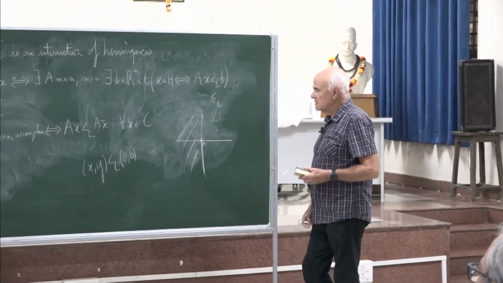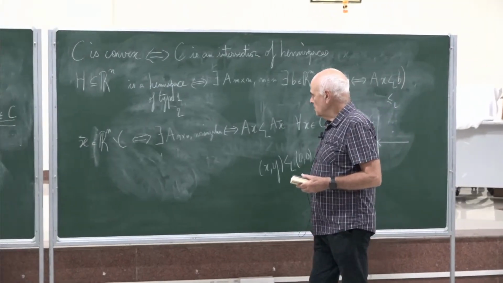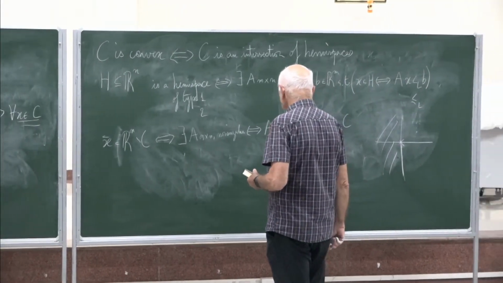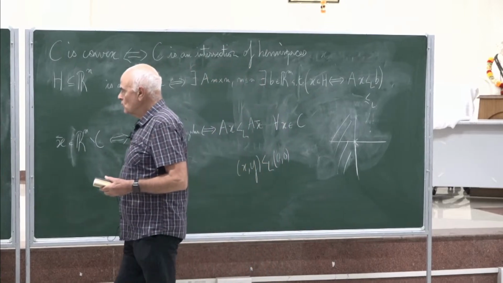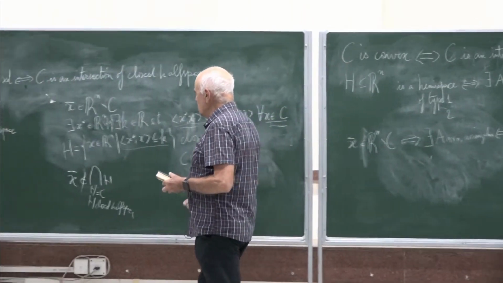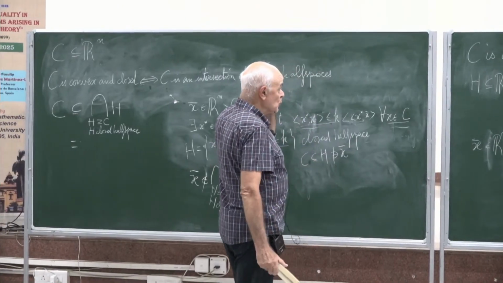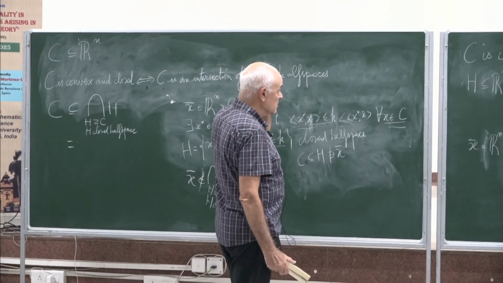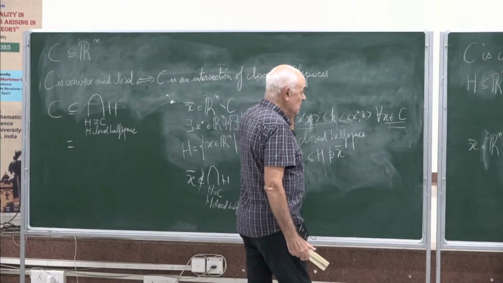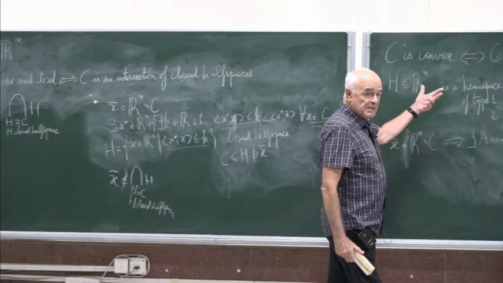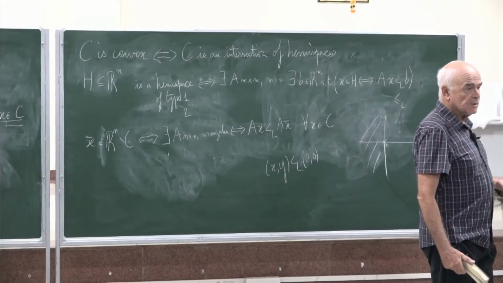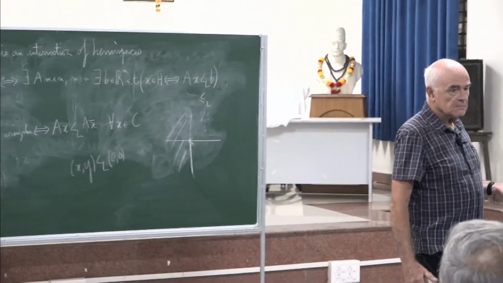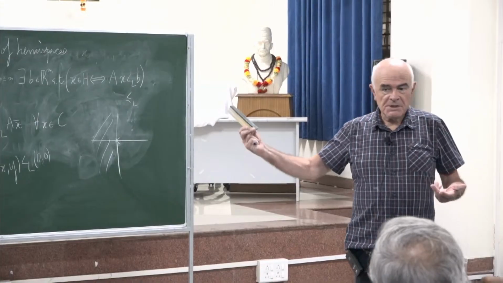So you can define convexity in terms of the lexicographical order, because this is an equivalence.